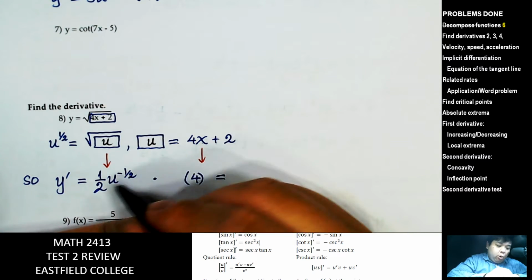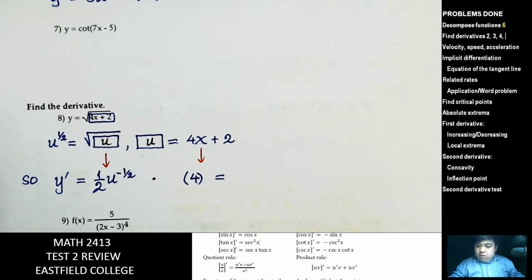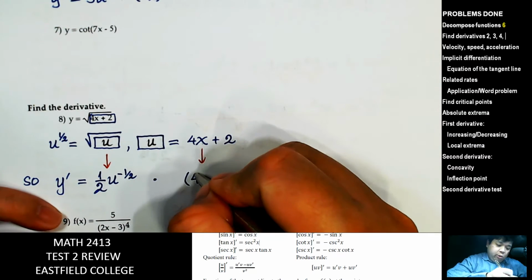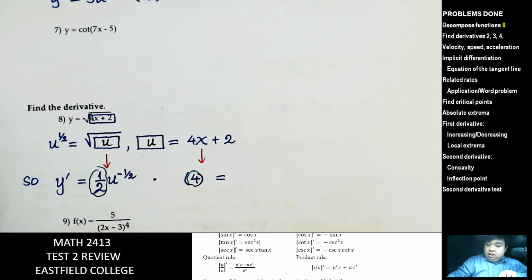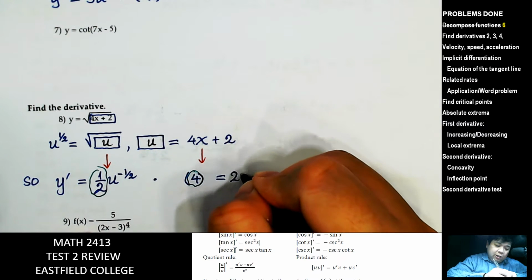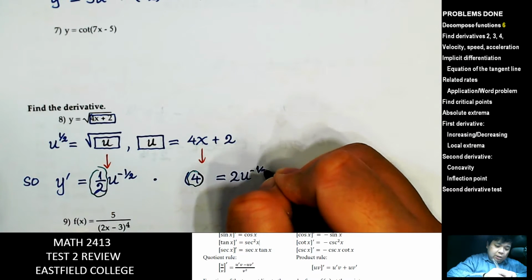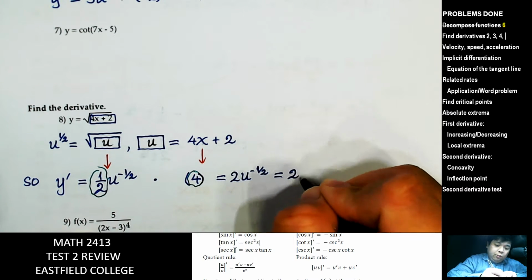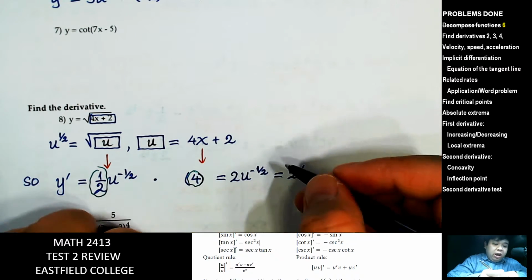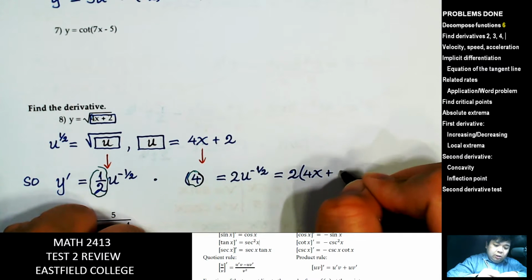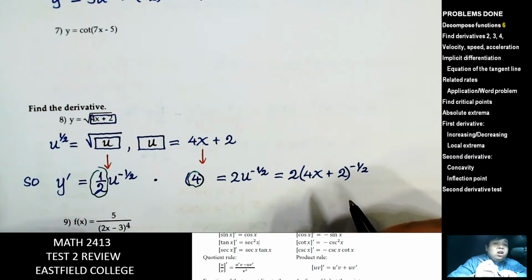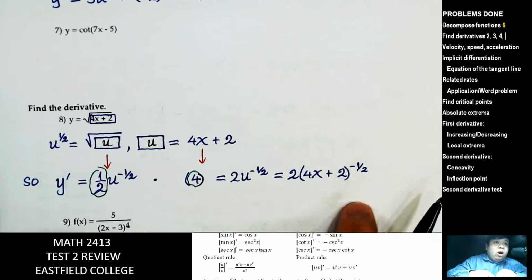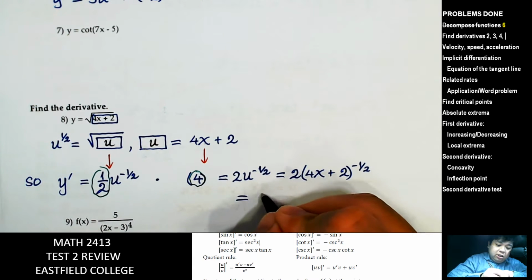When we multiply them, 4 and 1/2, 4 times 1/2 is 2. And substitute back in for u, we have 4x plus 2 to the negative 1/2. Of course, we can leave the answer like this, or we can write it under the denominator.